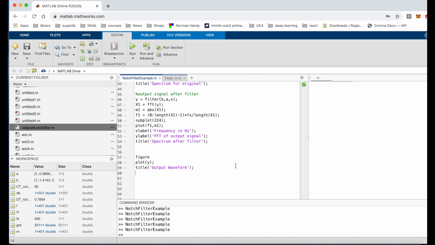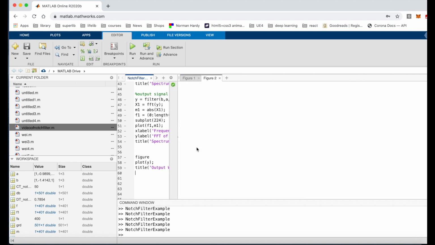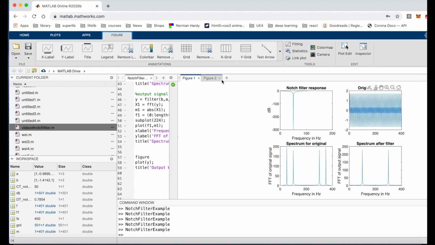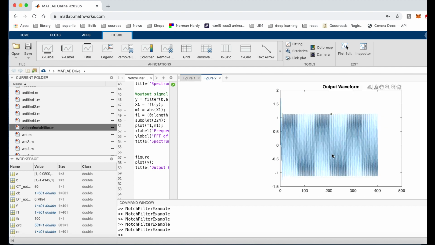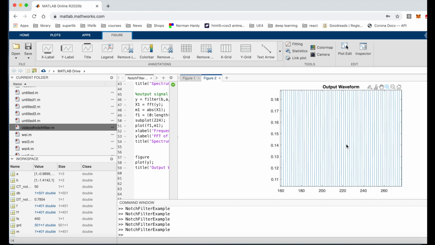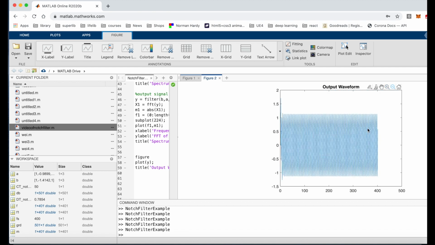There are 2 figures. The second one, figure 2, should be the output signal. You can see it's different from the original waveform. It just has the 100 Hz signal, which means the notch filter works. So here is the total project about the notch filter with the input signal and the output signal.